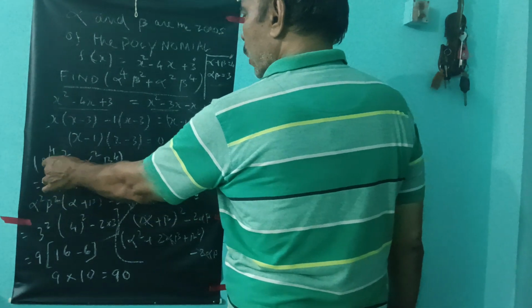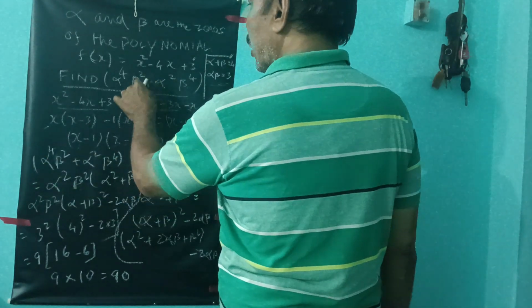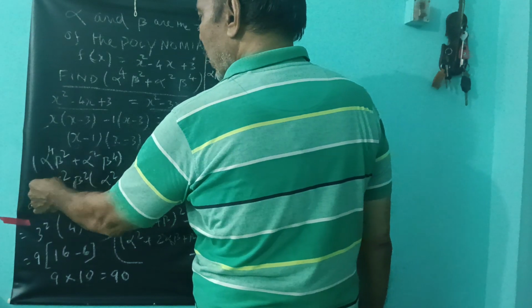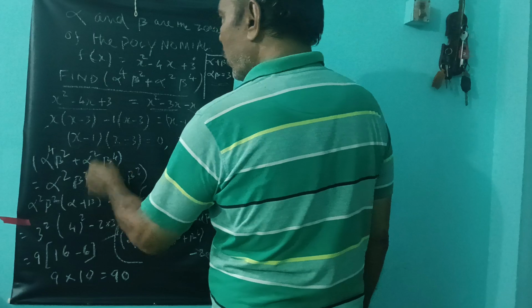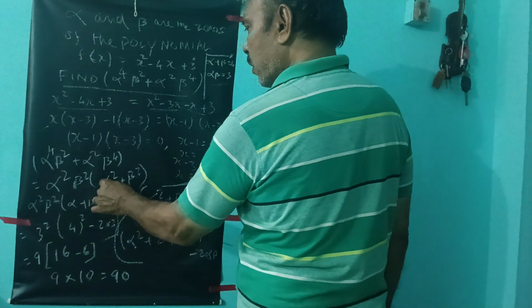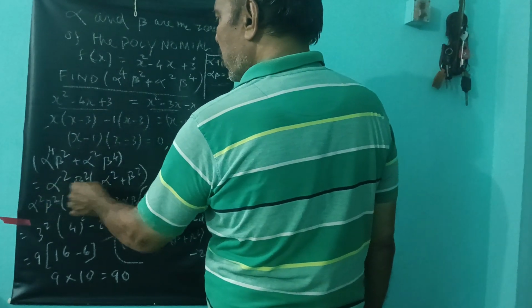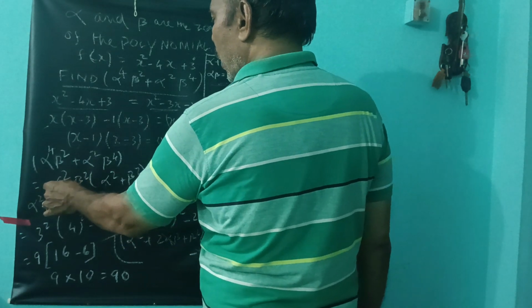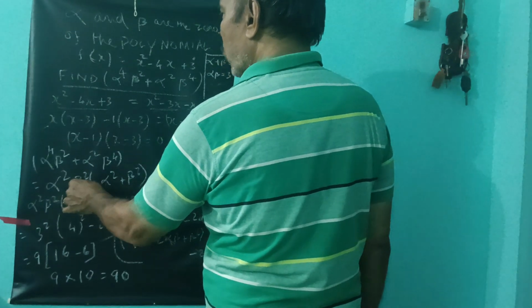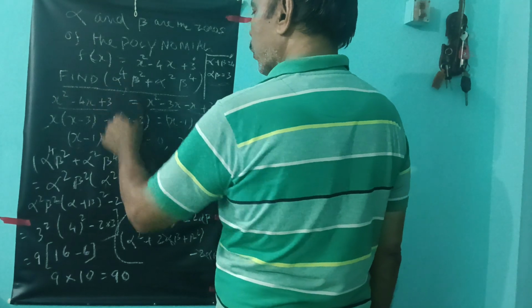Okay, this step. I have written here, you are taking out alpha squared, beta squared. So if I take alpha squared, this alpha squared remains. If you multiply alpha squared, beta squared into alpha squared, this becomes alpha to the power 4, beta to the power 2. So this is good.